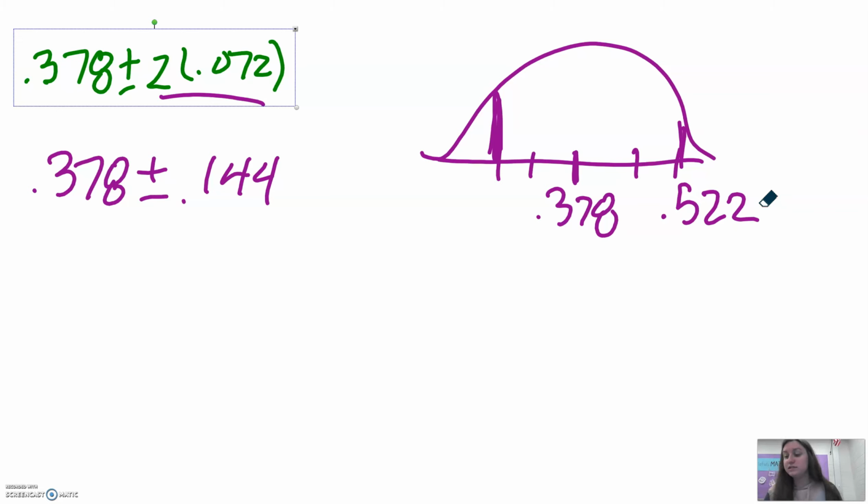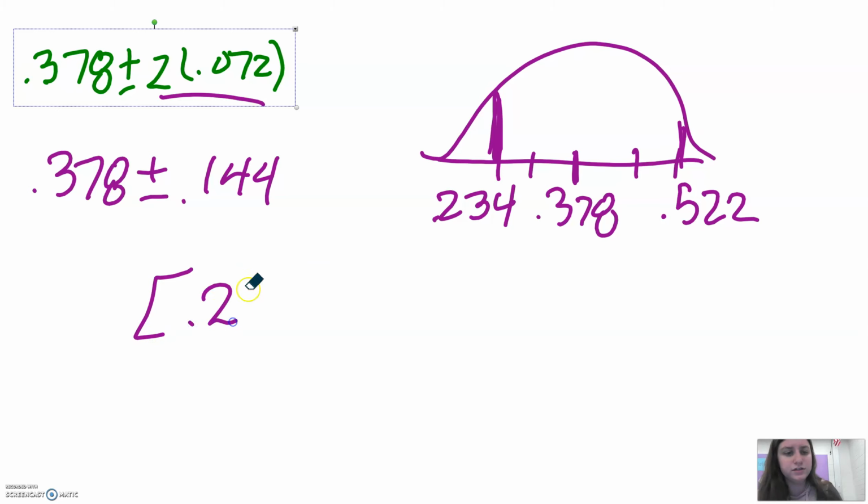Then we're going to subtract that to get the 2 standard deviations below the center, below the performance, 0.234. So essentially we're saying we are 95% confident that his ability is somewhere in between 0.234 and 0.522. We write that by putting in the brackets 0.234 to 0.522.